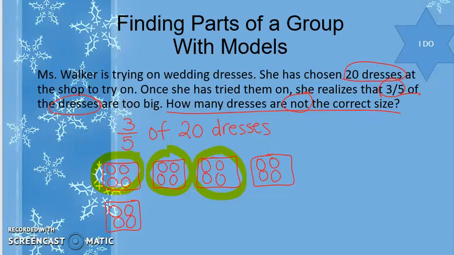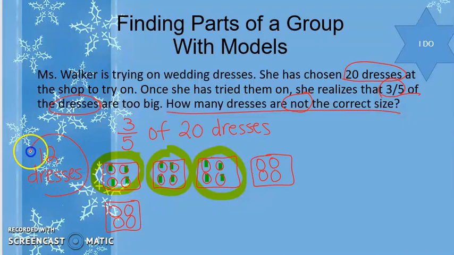So if I count up the number of dresses that are in each one of those groupings, 1, 2, 3, 4, 5, 6, 7, 8, 9, 10, 11, 12, what I'm going to find is that I have 12 dresses that are not going to be the correct size.